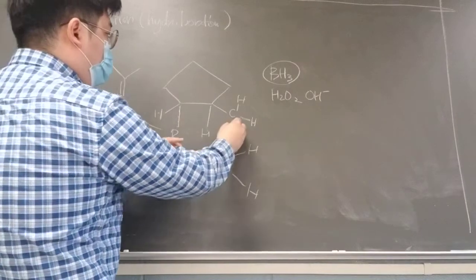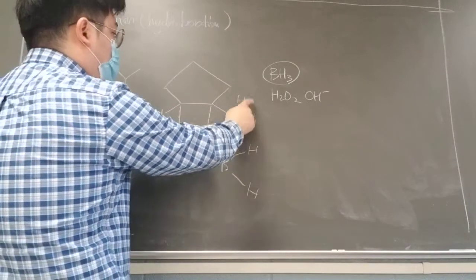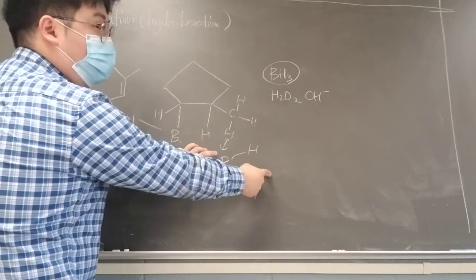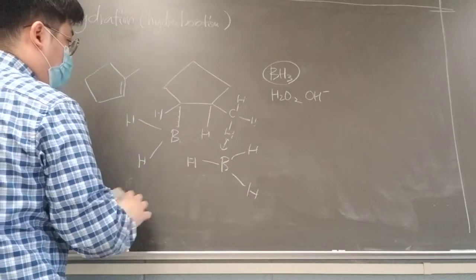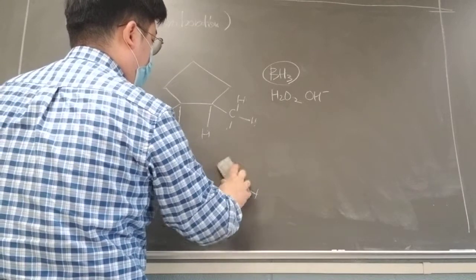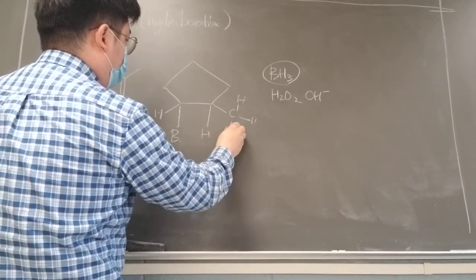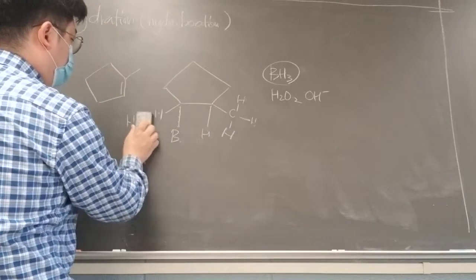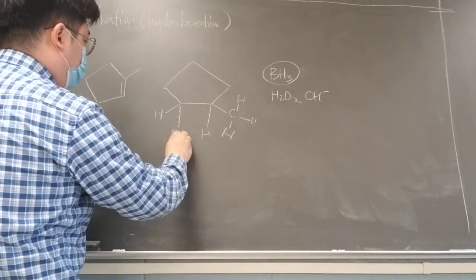Because the methyl group is kind of bulky with the hydrogen. So this is why the borane comes in this way, not this way. Okay, so then you have hydrogen added on this side here, and you have a leftover kind of hanging here.